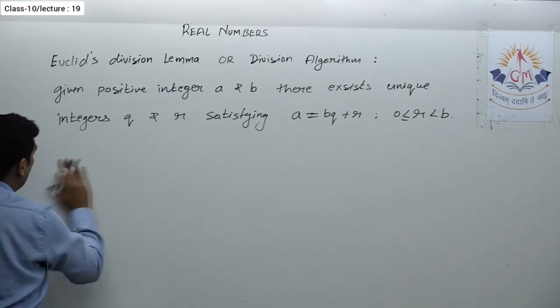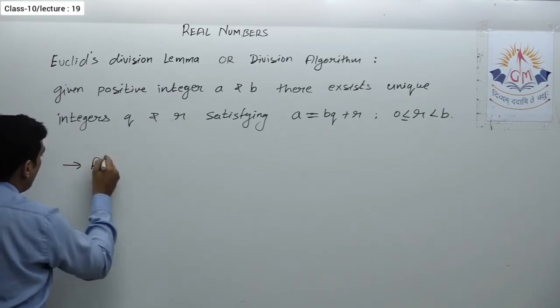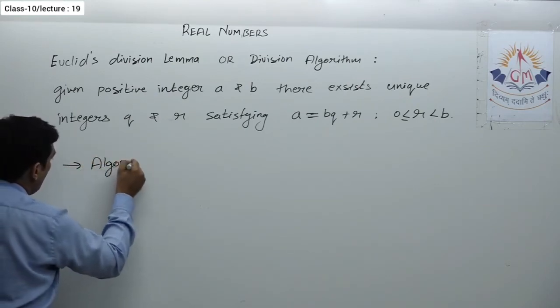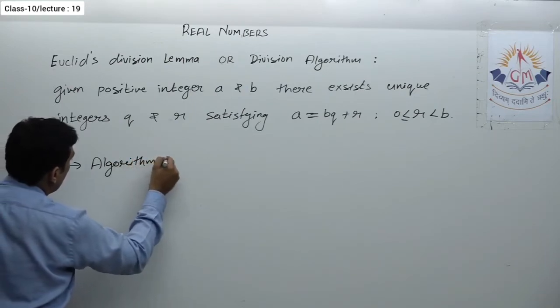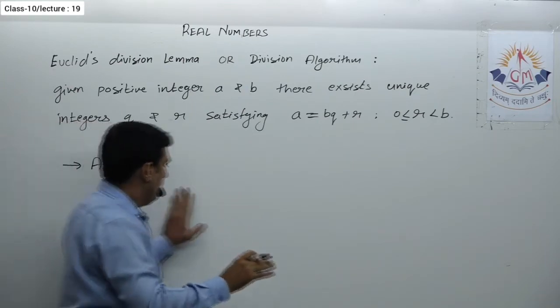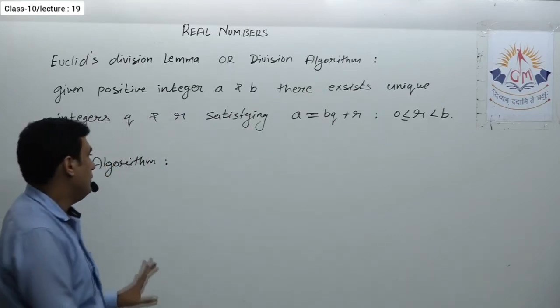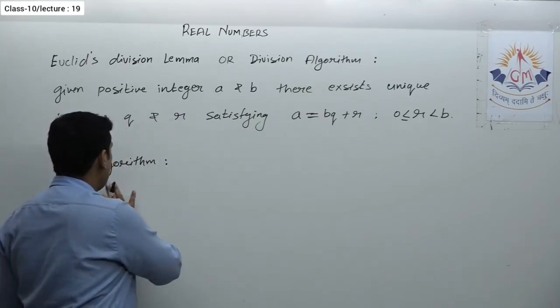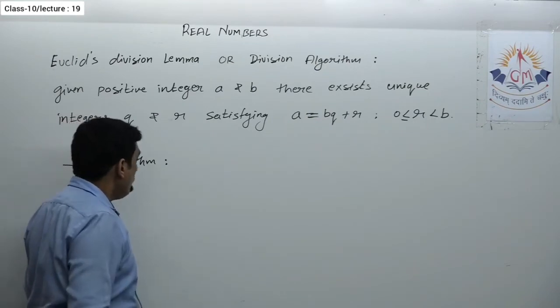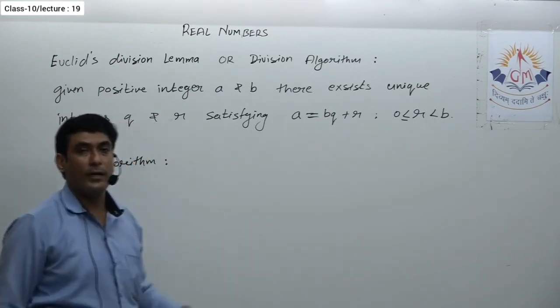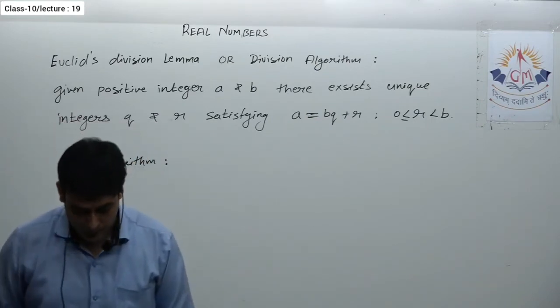So here I write what an algorithm is. An algorithm we can say is a set of steps. If you follow those steps, we'll get a solution, or we can say rules or a method that we have to follow to get the answer.